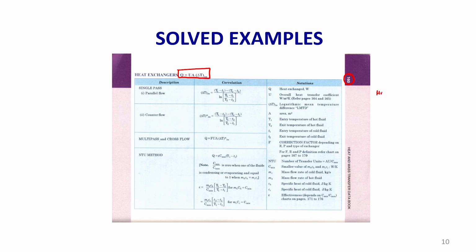Again let me emphasize, this is the HMT data book by C.P. Kothandaraman and Subramanyan. There are two authors, and this is the 9th edition. There are new editions that have come after this.